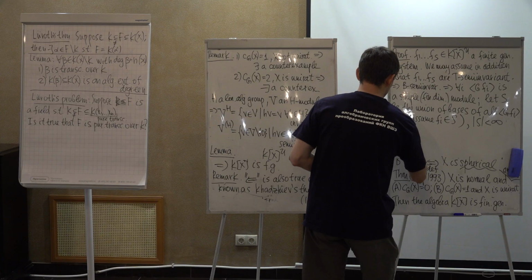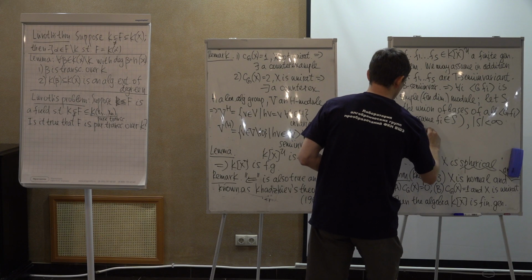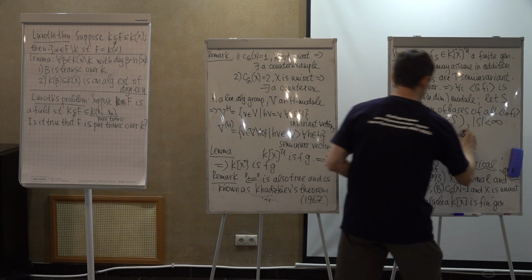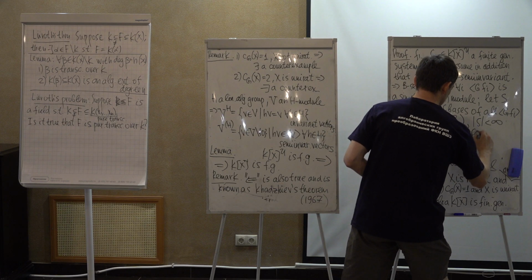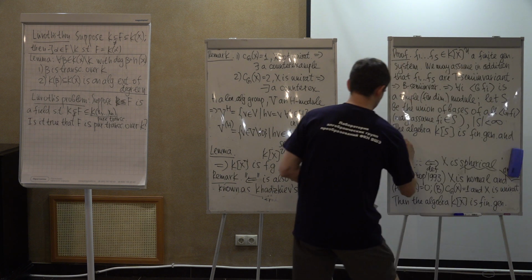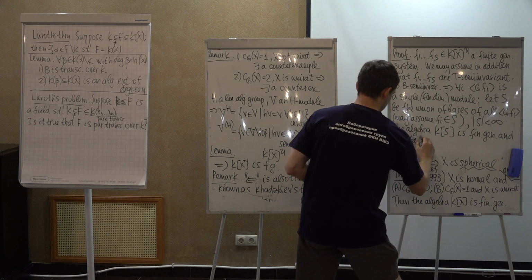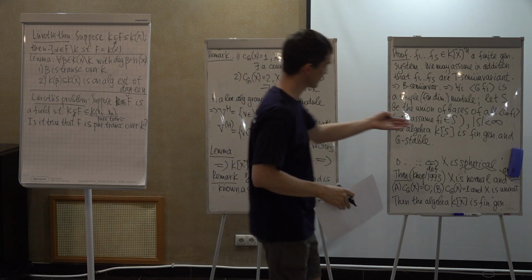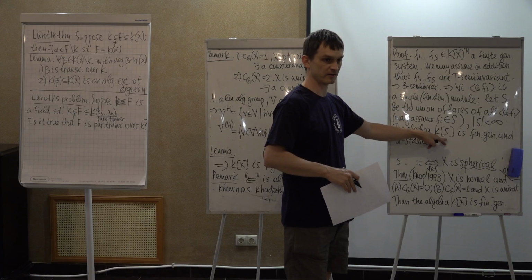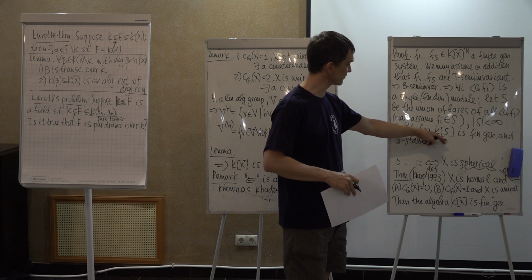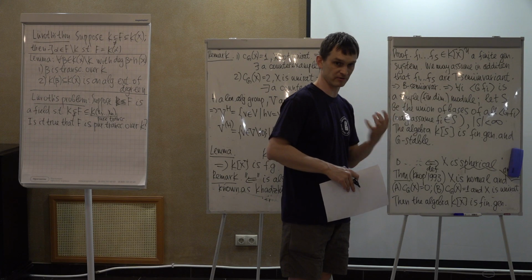So the algebra K[S] is finitely generated and G-stable. It is finitely generated because it is generated by the finite set S, and it's G-stable because it is generated by a finite collection of G modules.